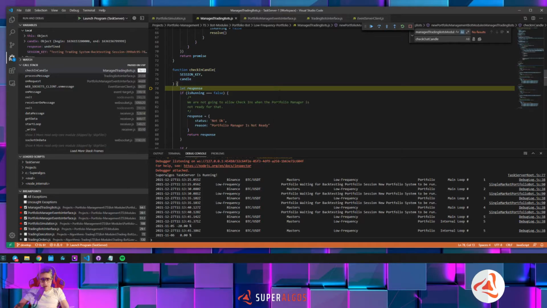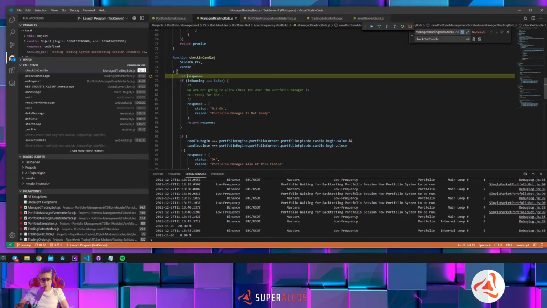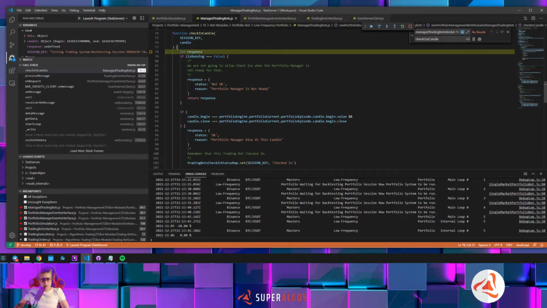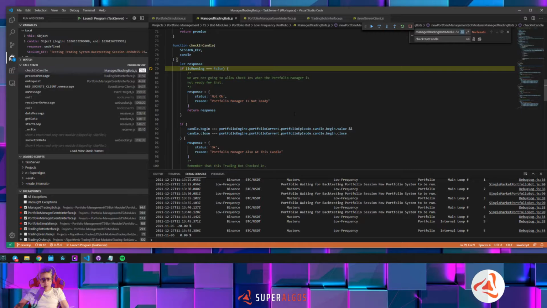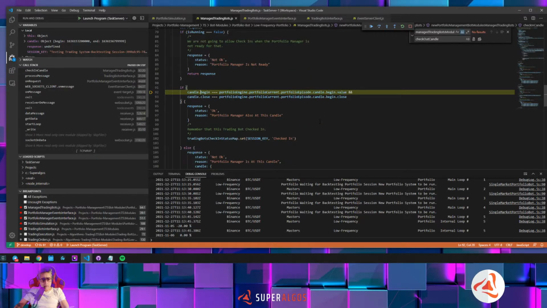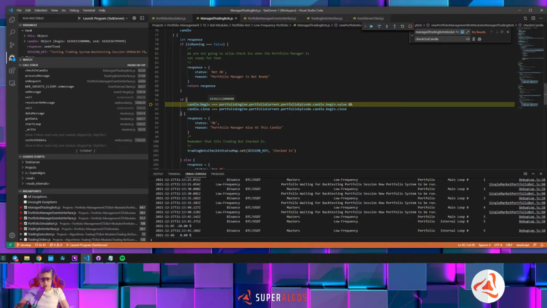So we are in check-in. This is good. Running is true because it's waiting. Then we get the candle begin is equal to this begin. Of course not, because there is no synchronization with these two guys.